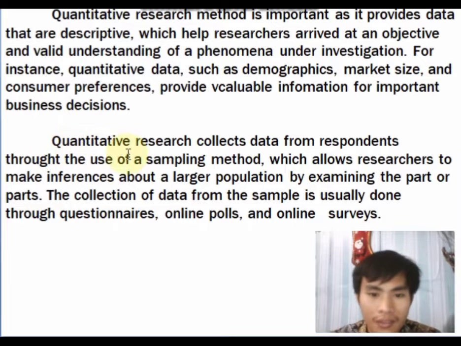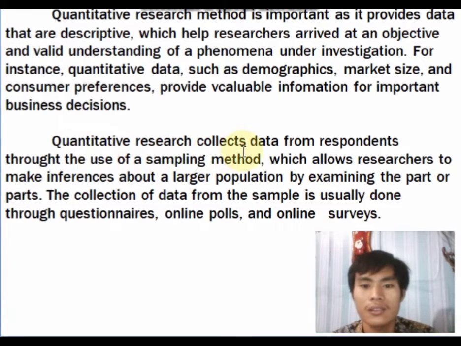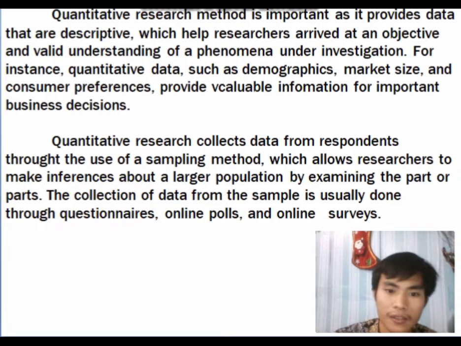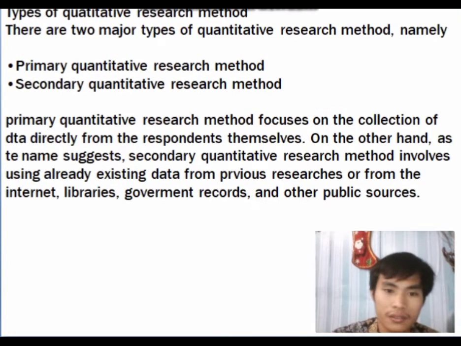Quantitative research collects data from respondents through a sampling method, which allows researchers to make inferences about a larger population by examining a part of it. The collection of data from the sample is usually done through questionnaires, online polls, and online surveys. That's clear. The next slide.